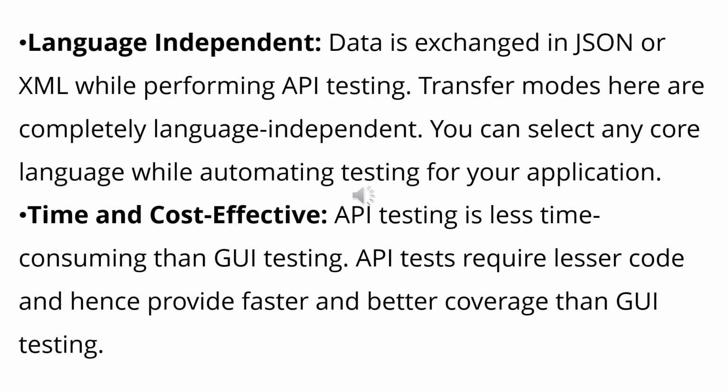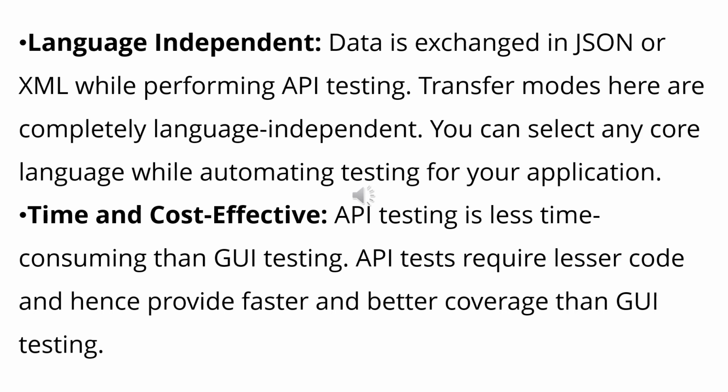Language independent: data is exchanged in JSON or XML while performing API testing. Transfer modes here are completely language independent. You can select any core language while automating testing for your application. Time and cost effective: API testing is less time consuming than GUI testing.